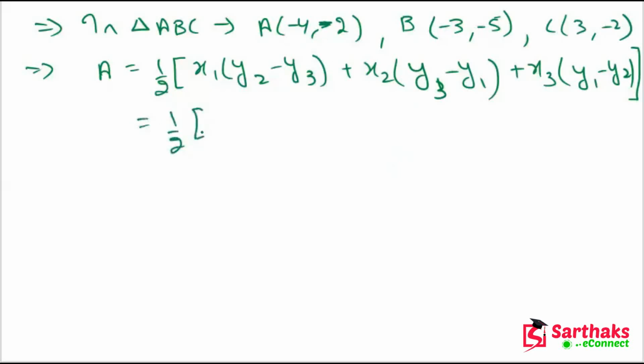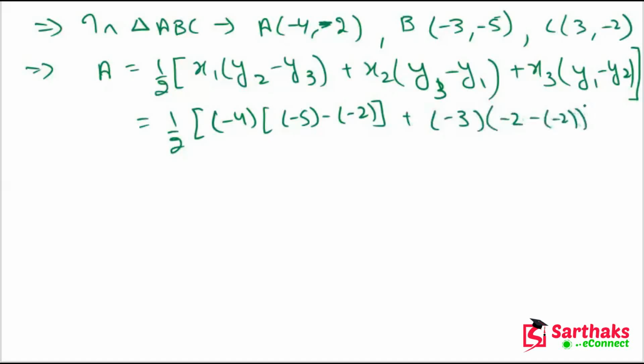So we get 1/2 [-4(-5 - (-2)) + (-3)(-2 - (-2)) + 3(-2 - (-5))].